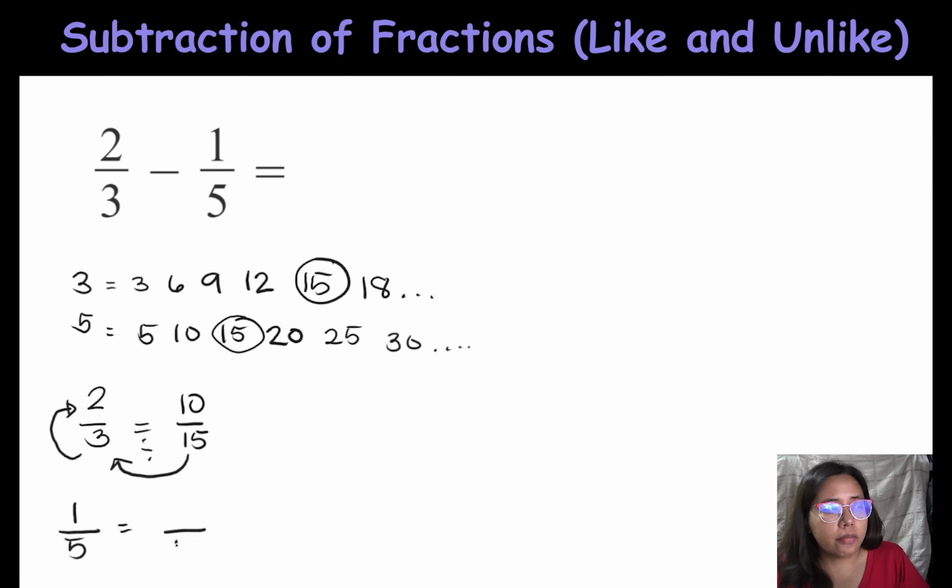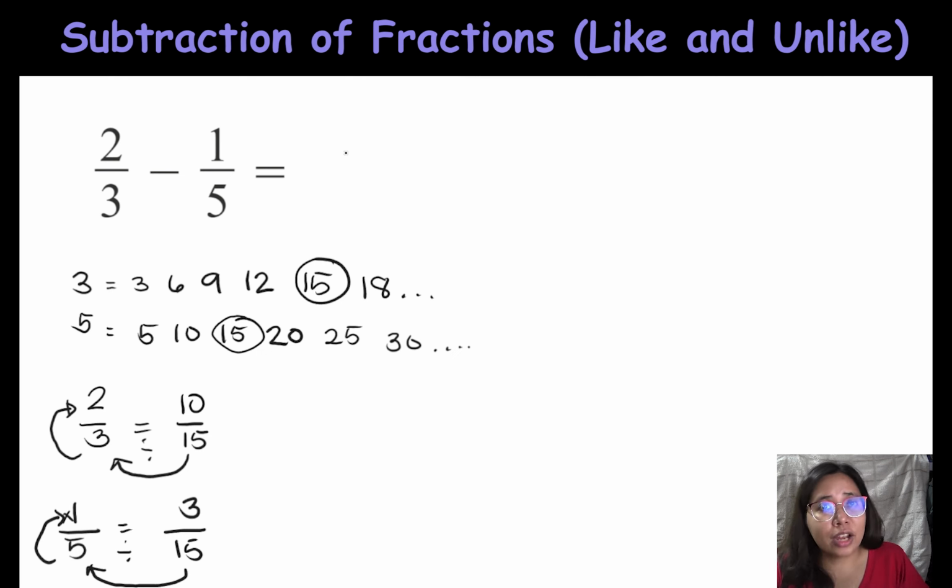Okay. So, we have 15 sa denominator, divided by 5. Okay, so that's 3, and then times 1. Okay, so that is 3. Okay. So, ang ating equation na ngayon is 10 over 15 minus 3 over 15.